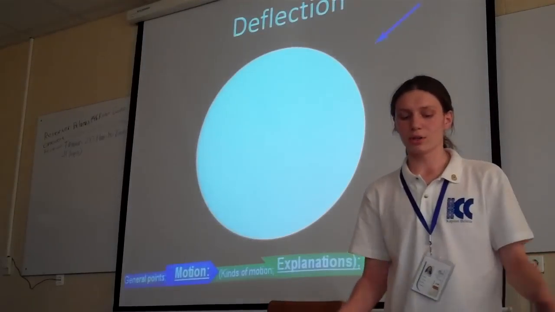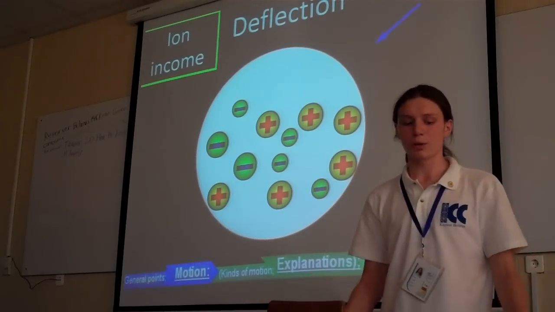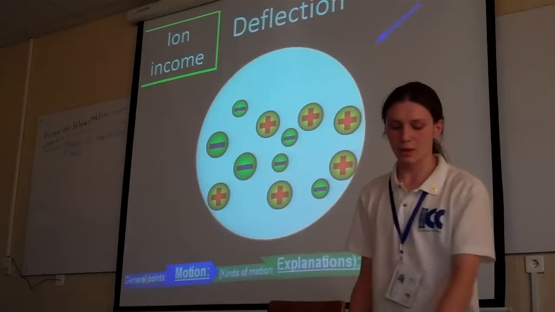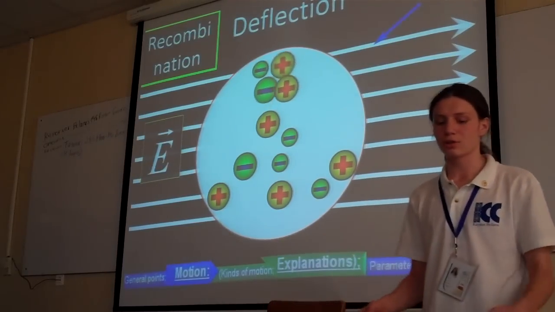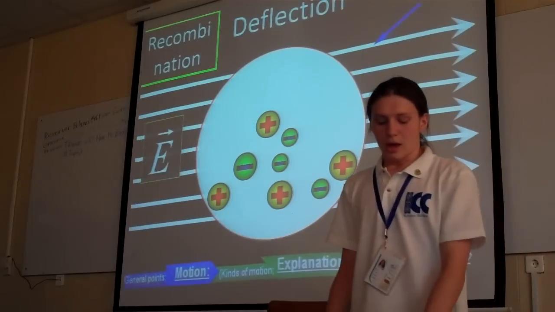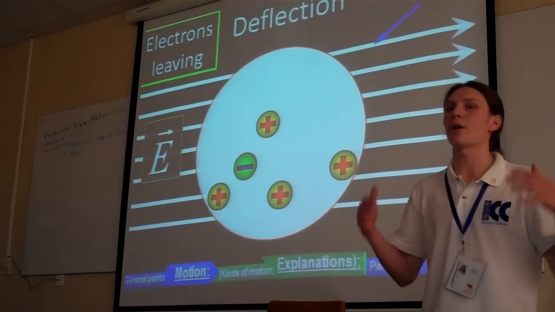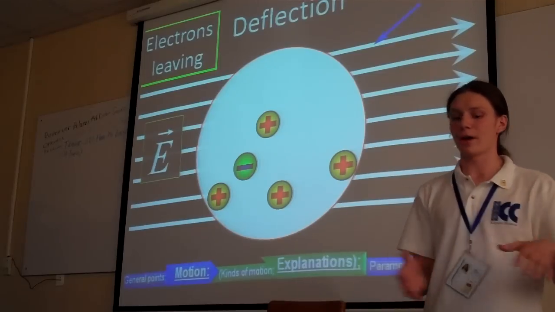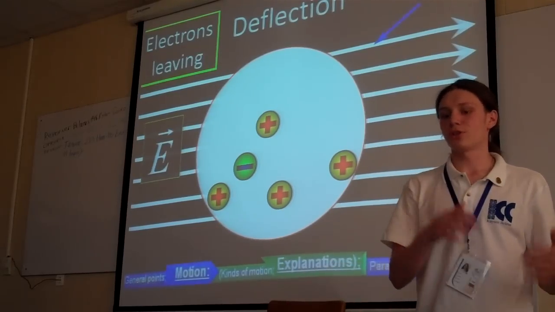First point is deflection. Due to chemical ionization, we have a constant ion income. Some of the ions will recombine with electrons and other ions. And all the other electrons, due to their very high mobility, will fly away from the flame to the positively charged plate.